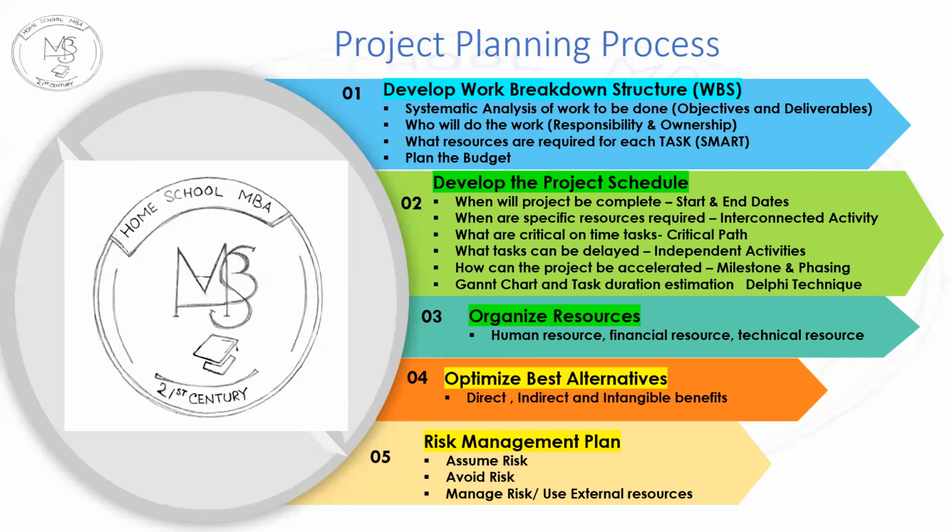When are specific resources required? That is interconnected activities. Now, there are three different types of activities in project management: independent activity, interdependent activity, and interconnected activity. Independent activity is which is not linked with any.